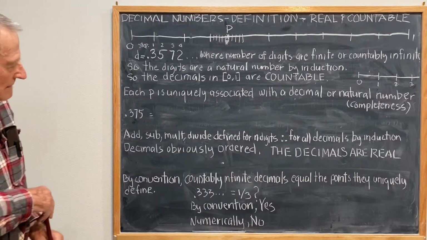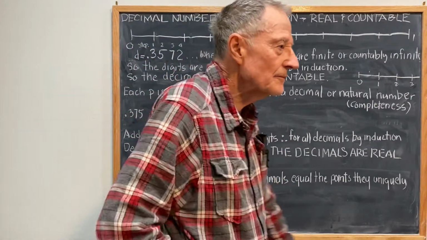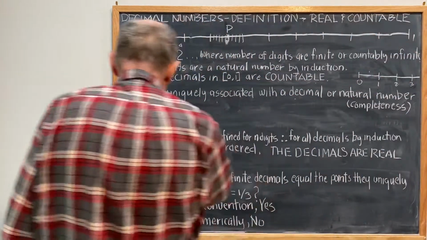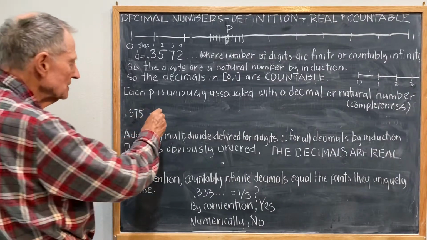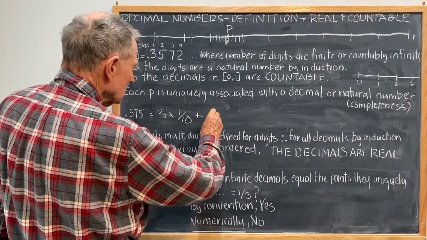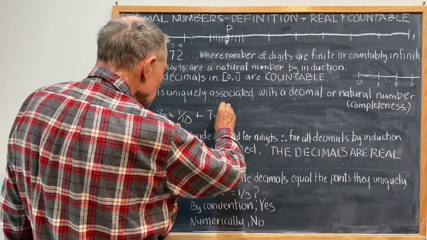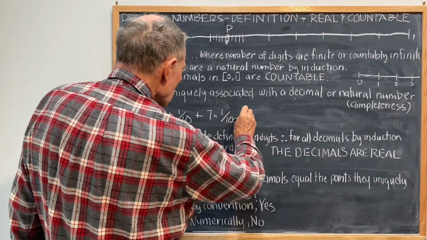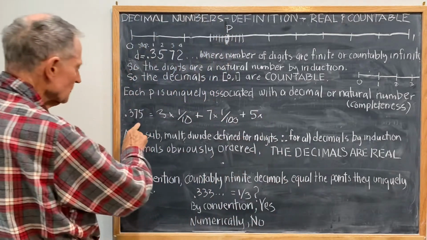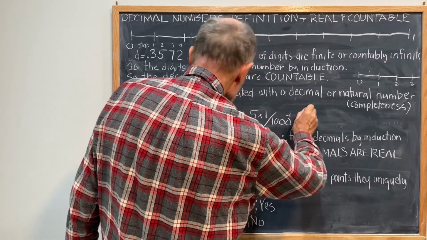Furthermore, 0.375 can be interpreted as a sum of distances: 3 times 1/10, plus 7 increments of distance each 1 over 100, plus 5 increments of distance each equal to 1 over 1,000, plus and so on.